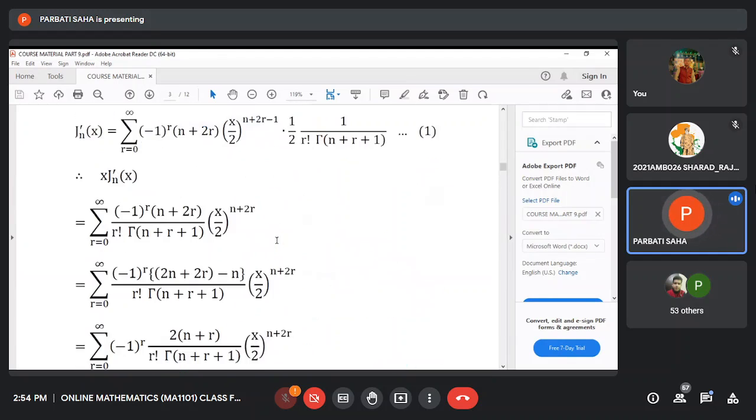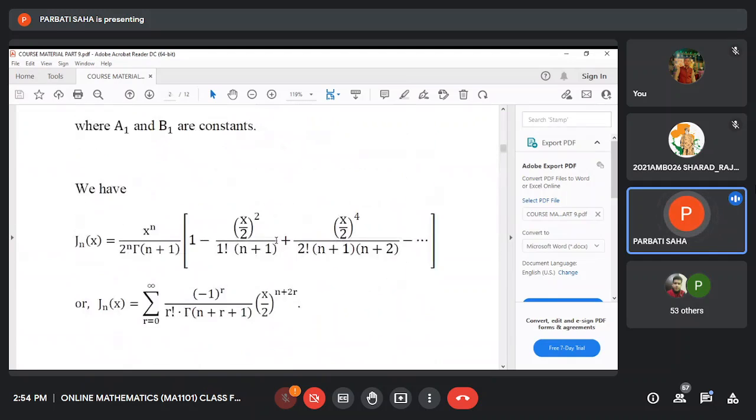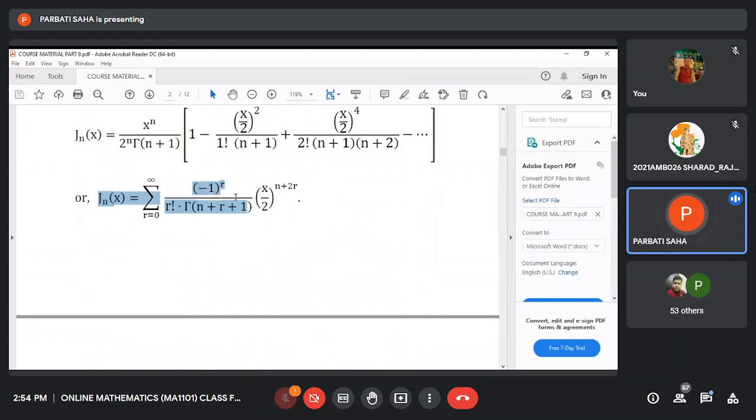Already I have told you what J_n(x) is, and that is important. J_n(x) is given by this, and if n is replaced by n-1 here and also here, then it becomes J_(n-1)(x). If you observe that this is n+1 and here the power is n+1, then the n on the left side should be replaced by n+1.